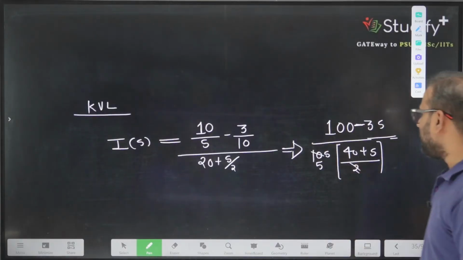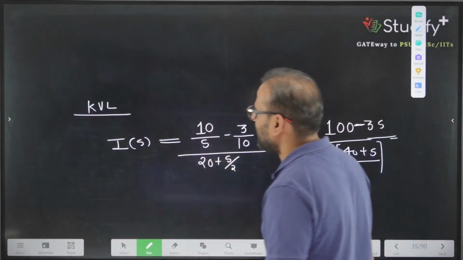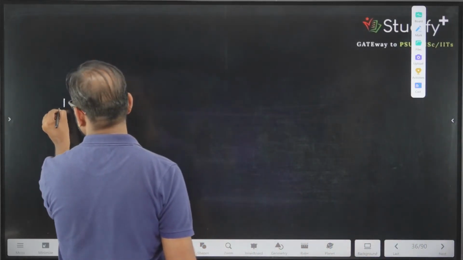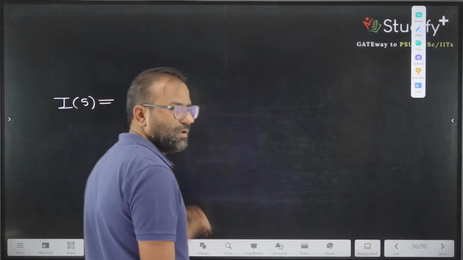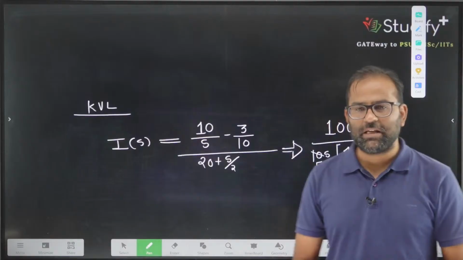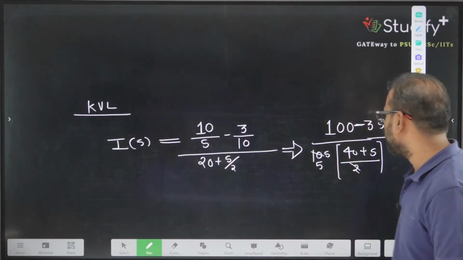100 minus 3S divided by 5. And how can we write this value? We can write this I of S as, well, let's write both terms separately. So here we can write 100 divided by 5 is 20.